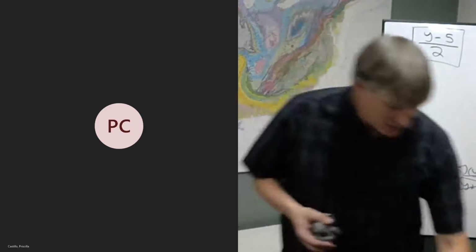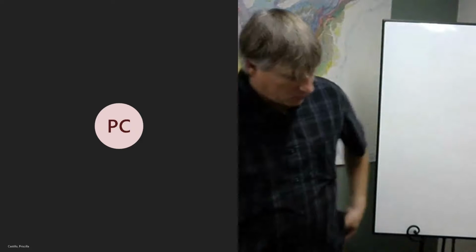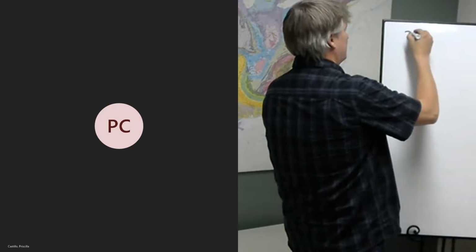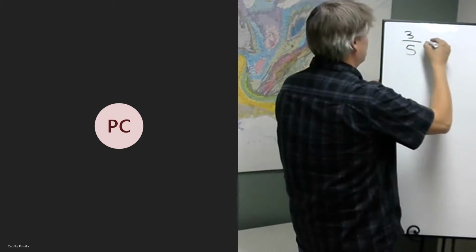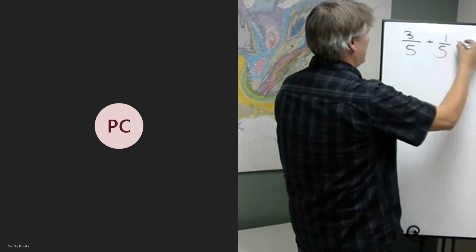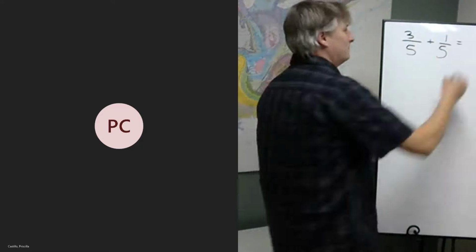So now we get to the next question, adding and subtracting. So when we add and subtract fractions, and this is section 6.2, as long as we have the same denominators, we're good to go.